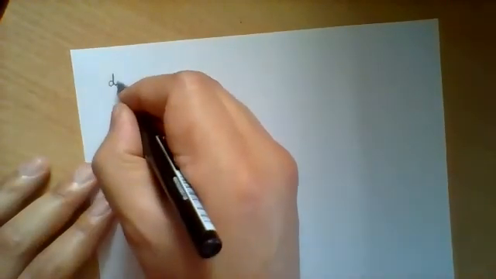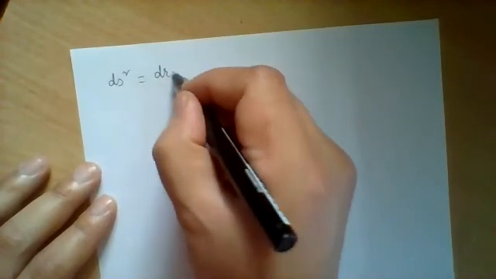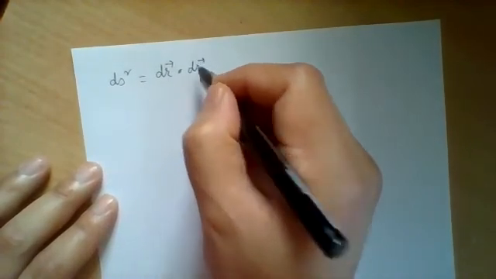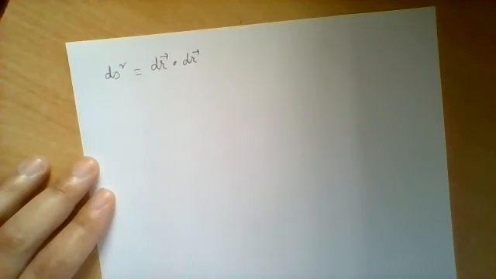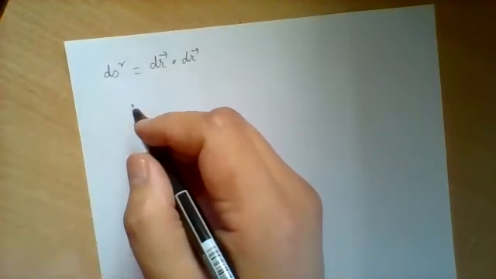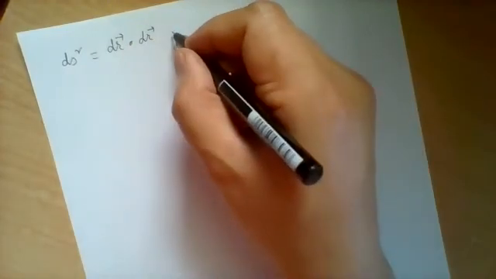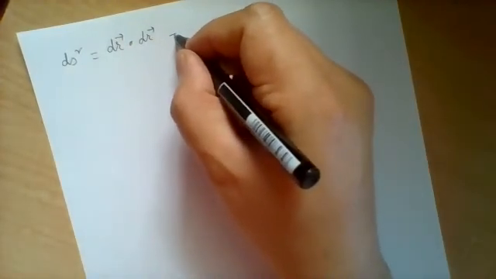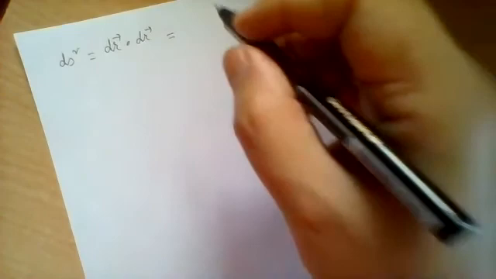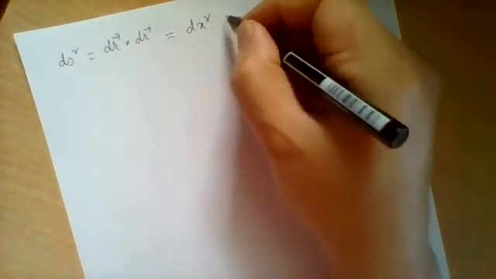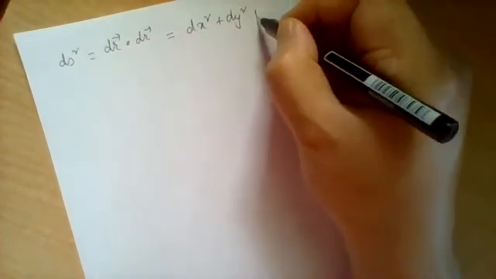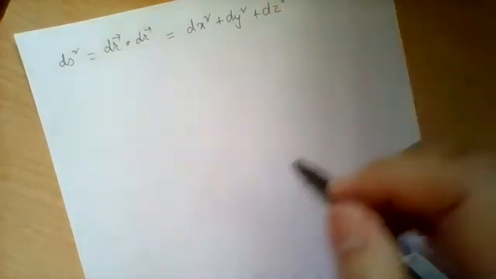ds square equals dr vector dot dr vector, which can be written as dx square plus dy square plus dz square in rectangular coordinates.